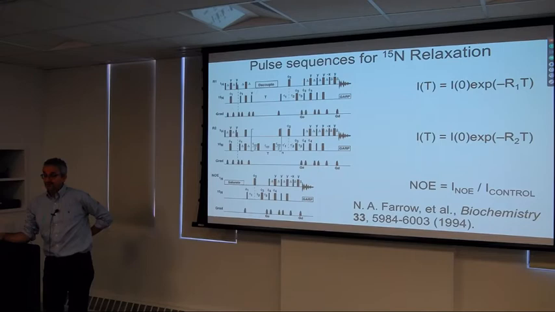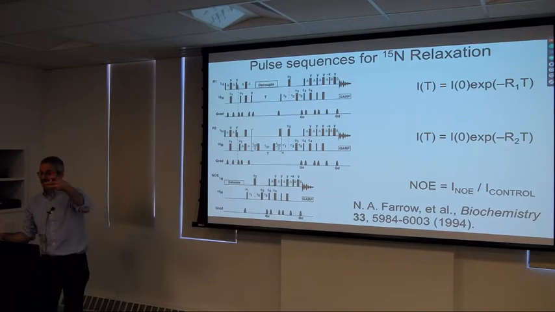First, of course, the decay would not be mono-exponential because there's an NOE between the nitrogen and the attached hydrogen. So we need to suppress that effect. And we suppress that effect by periodically flipping the hydrogen upside down.